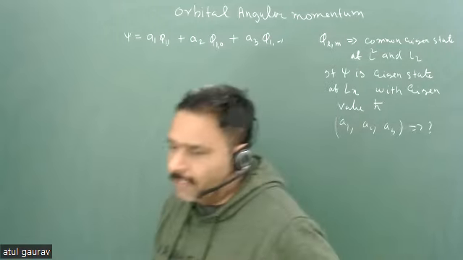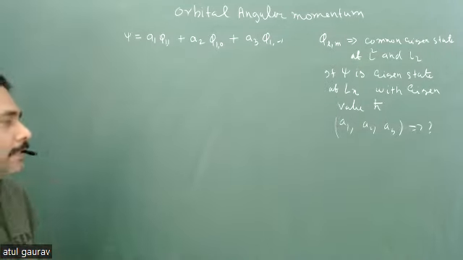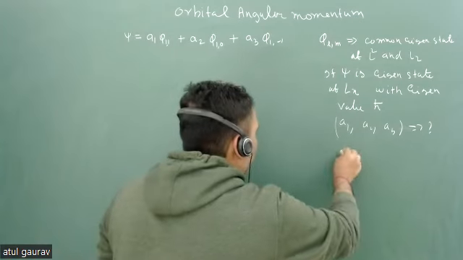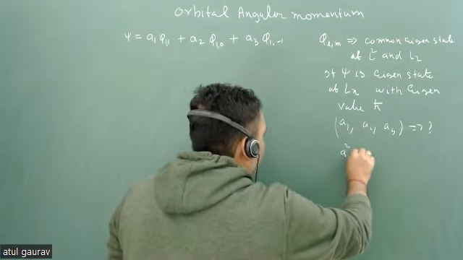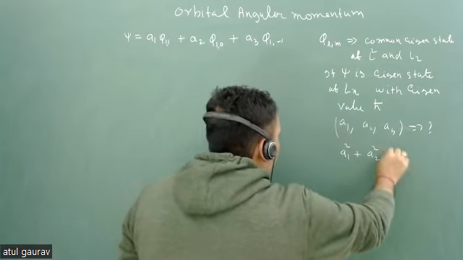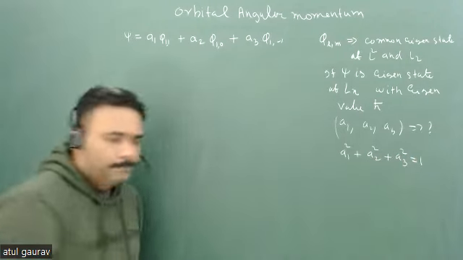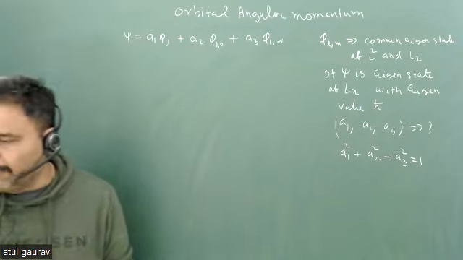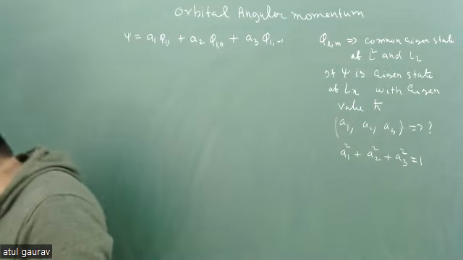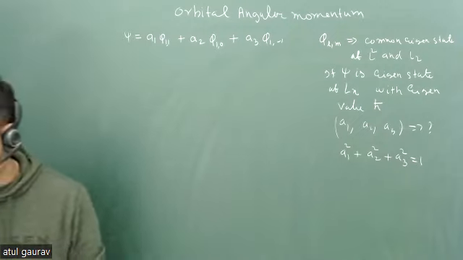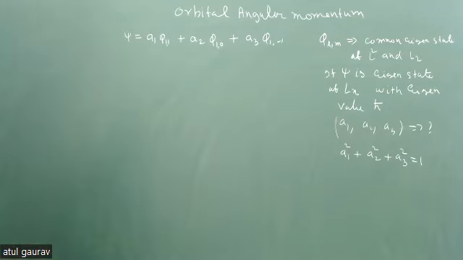So what will be your first equation? Your first equation is very simple: A1 square plus A2 square plus A3 square must be equal to 1. Yes, this is due to normalization.